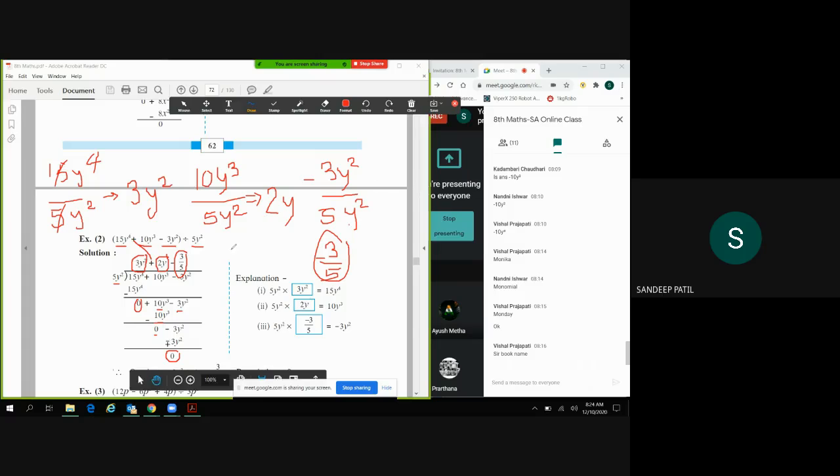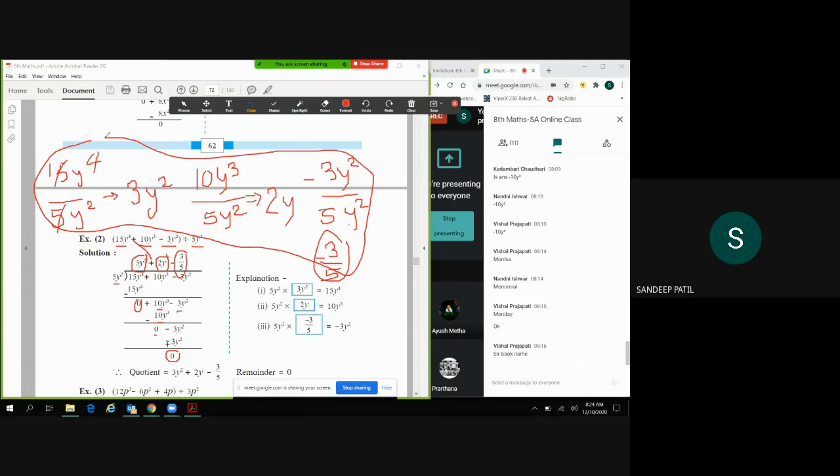So this way we carry out this division, and I have shown you how we can separate each term and get the answer. Luckily till now we are getting remainder 0. It may not be the same case in future polynomials.